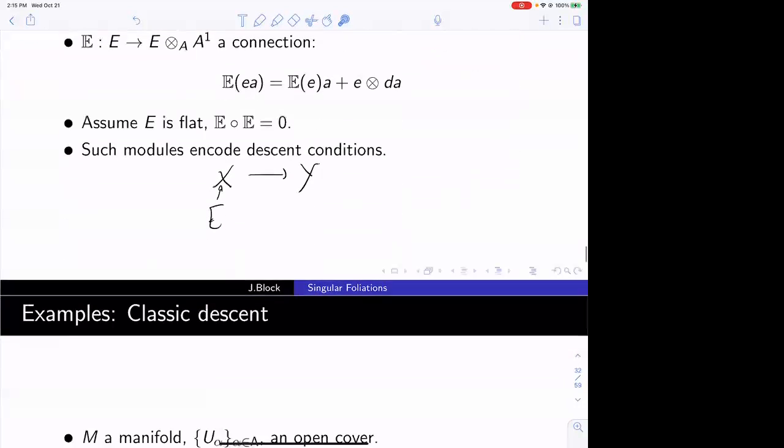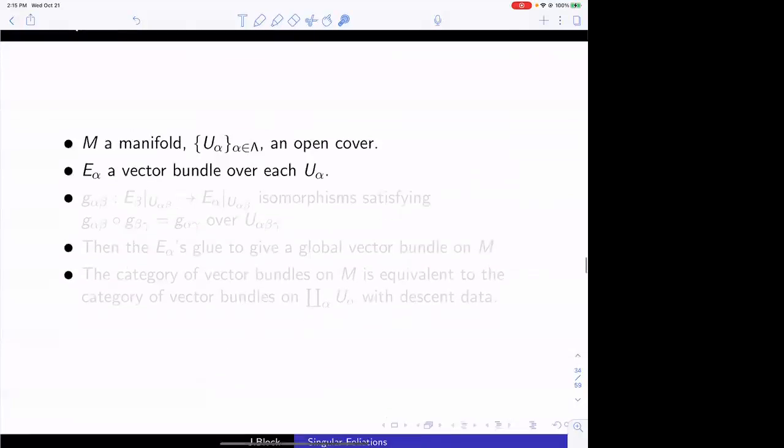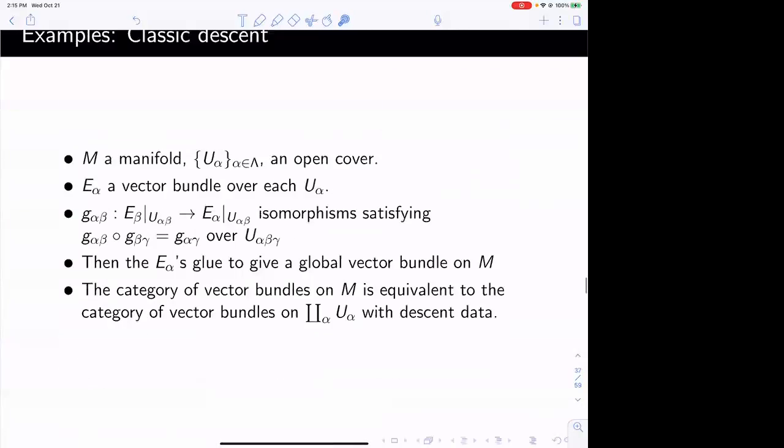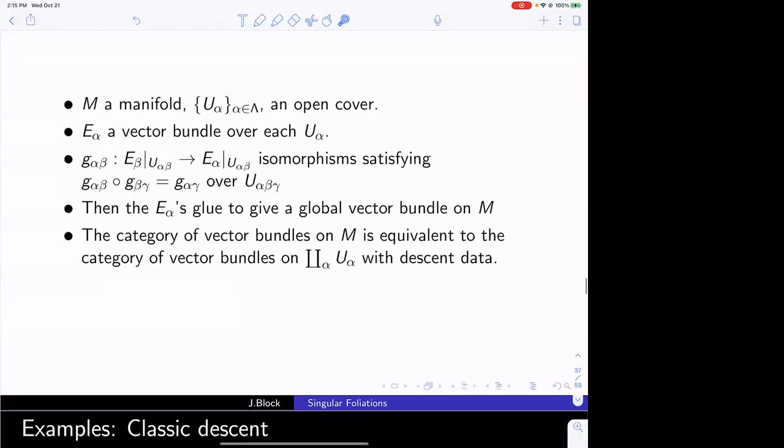Okay, and when you do this, you get some well-known phenomena. If you have M a manifold and U alpha a cover, and you let E alpha be a vector bundle for each U alpha, and you have G alpha beta mapping E beta restricted to U alpha beta, where U alpha beta is of course the intersection of U alpha with U beta, to E alpha restricted to U alpha beta.